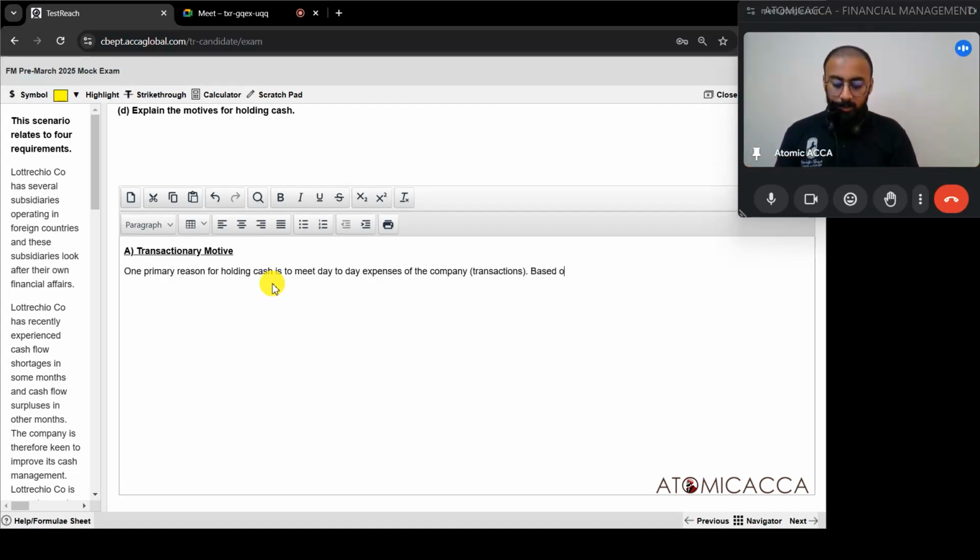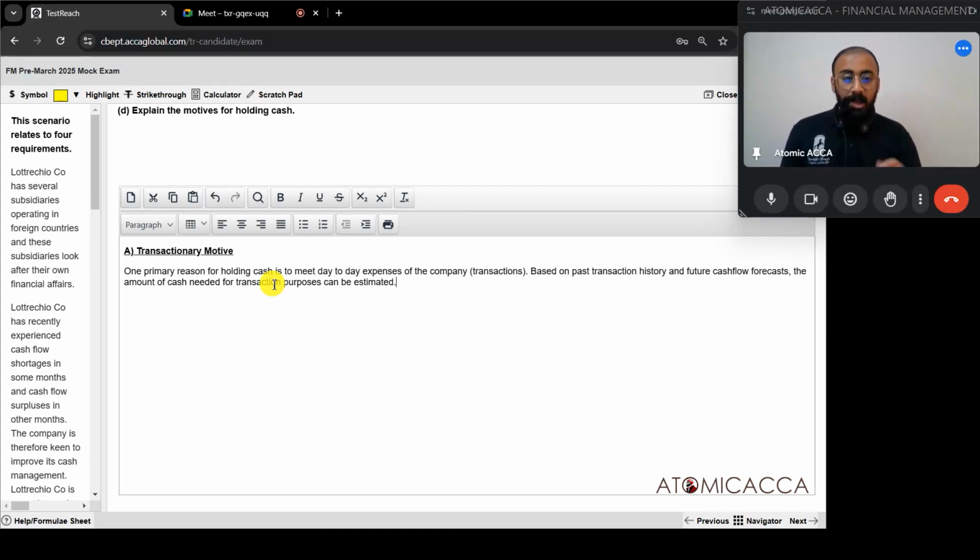So based on past transaction history and future cash flow forecast, the amount of cash needed for transaction purposes can be estimated. That was just to add one more point because this is a 6-mark question, so we need 2 marks for everything.